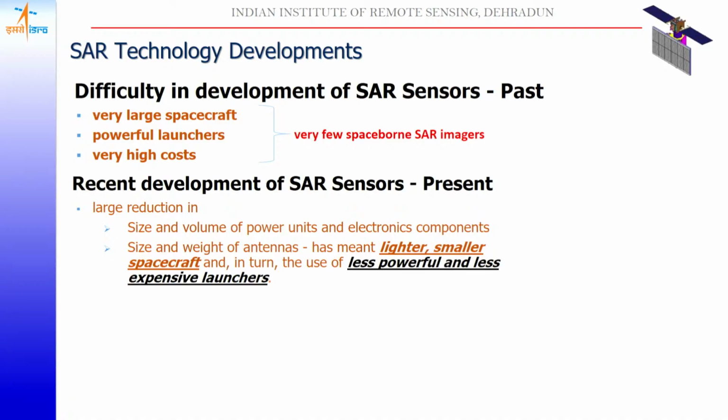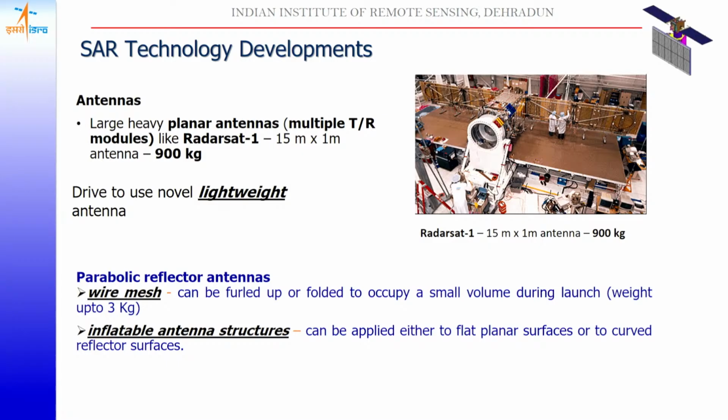Earlier we had fewer SAR satellites, but after the recent advancement in technology such as lighter antennas, we now have more SAR sensors in space. Earlier we had phased array type systems with very high weight, like 900 kg for the radar set on one satellite.